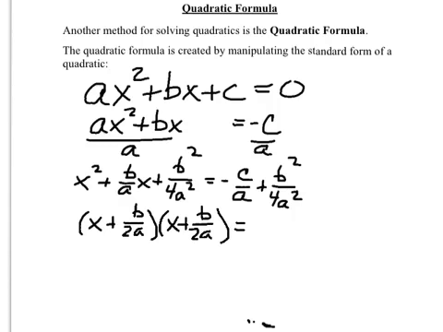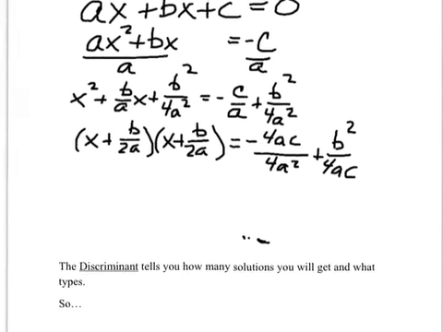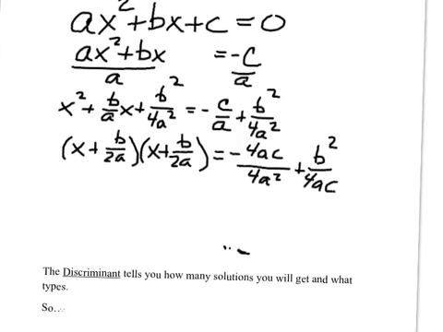Over here, if you get common denominators, you're going to end up with 4ac over 4a squared plus b squared over 4a squared. Okay, so things seem like they're getting a little messy, but let's see if we can clean some stuff up here.